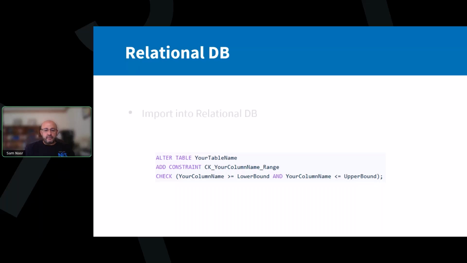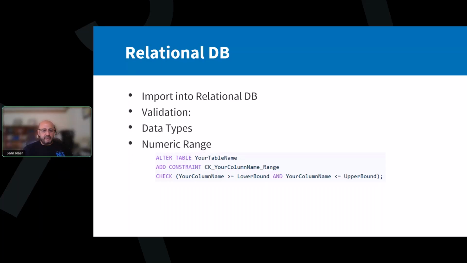Another key thing is to import the data into a relational database. What this allows you to do is, number one, conform the data to a specific structure as far as the data types. In addition, you're also able to execute validation on it, meaning you can have check constraints, like you see at the lower part of the slide, where I can check for the numeric range and put check constraints that it lies within a specific range.